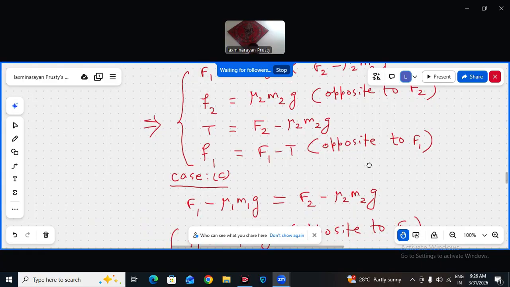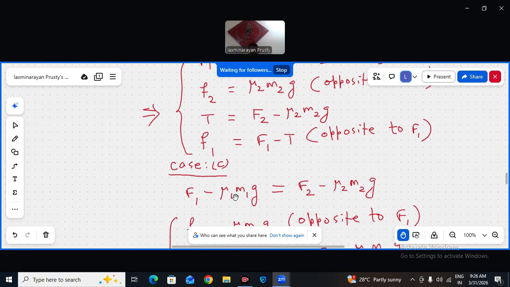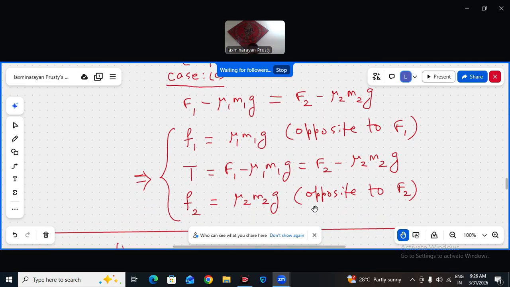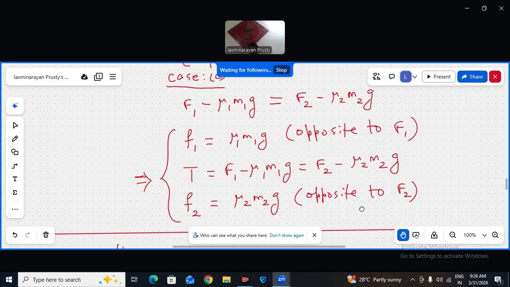This is the case when both are equal, so both reach the maximum friction force simultaneously. So F1 minus mu1 m1g is equal to F2 minus mu2 m2g. Small f1 reaches the maximum friction force opposite to capital F1, and small f2 also reaches the maximum friction force simultaneously, opposite to capital F2.